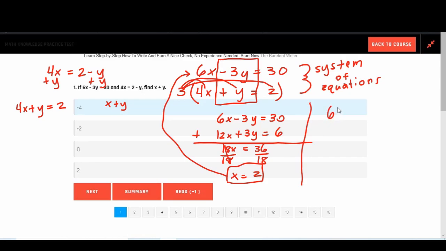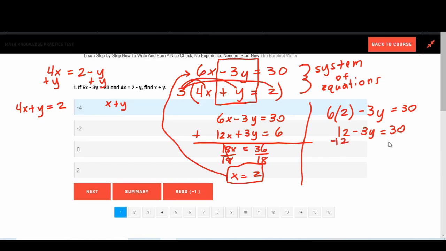So let's do that off to the side here. 6, again, that's x. We know x is 2, so let's plug that in. Minus 3y equals 30. 6 times 2 is 12, minus 3y equals 30.